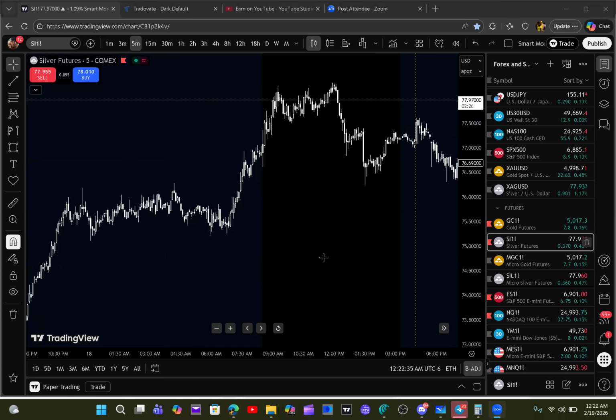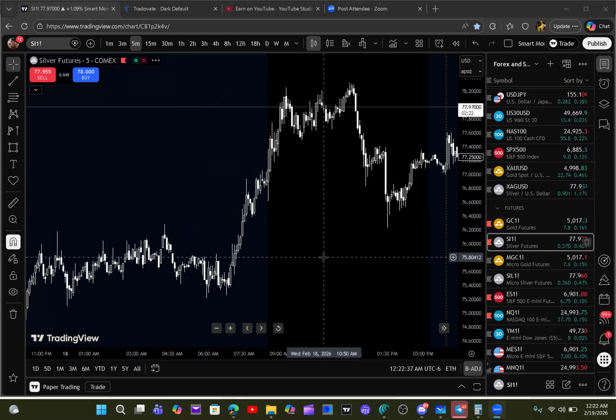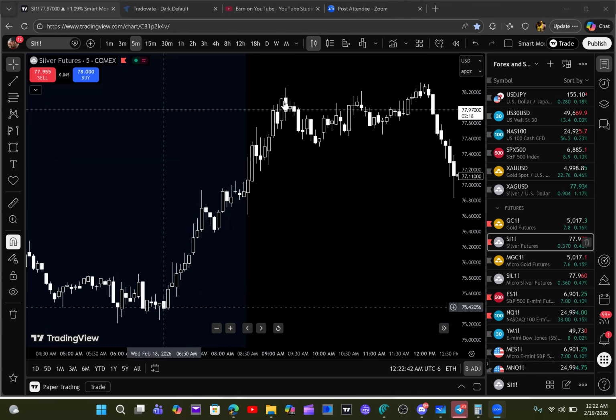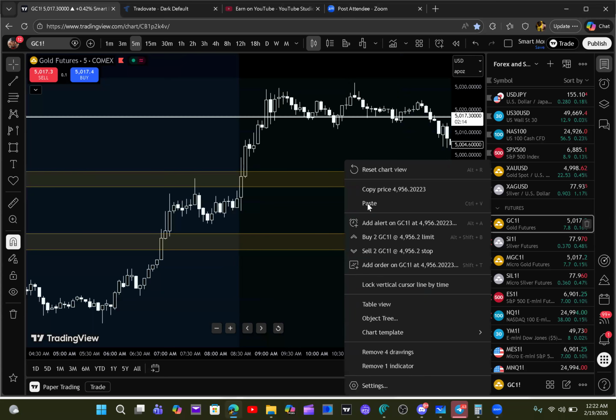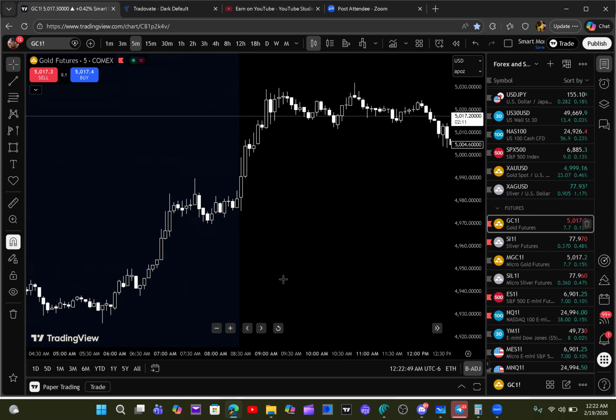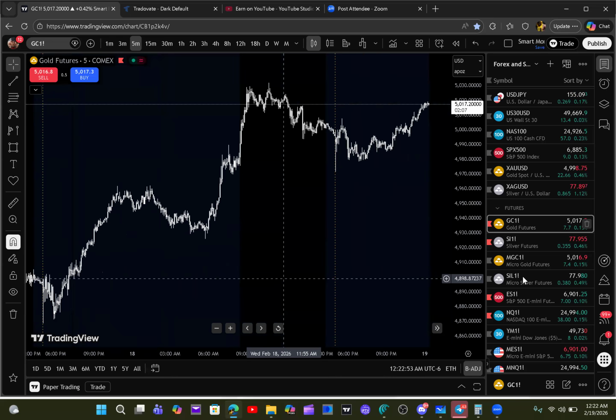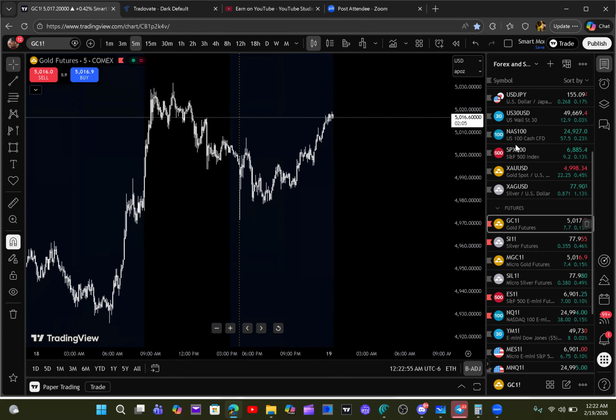So check this out. You can see here on the 5-minute chart, price goes from this low to this high up here. Let me see if I can find one that's a little more clear for you guys, because I want you to see the structure as well.